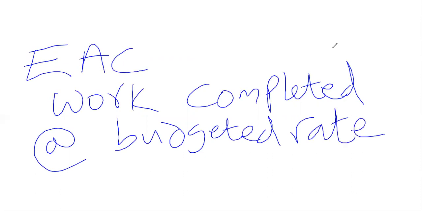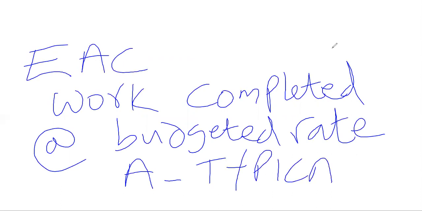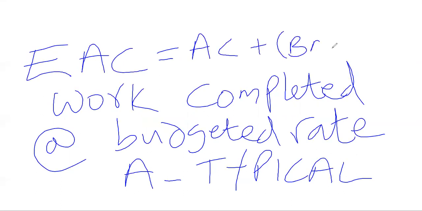Another code word for this is atypical. In other words, variances are not expected to be typical, and the formula is EAC equals AC plus the budget at completion minus the earned value.